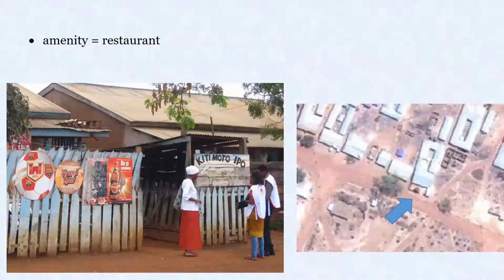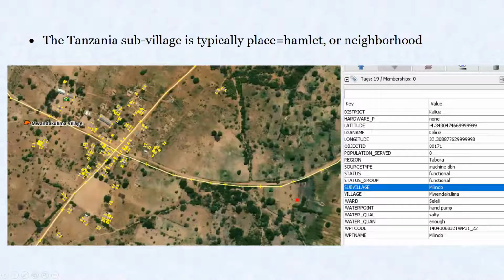We also have cuisine. This is kirimoto, so you need to say cuisine equals kirimoto.